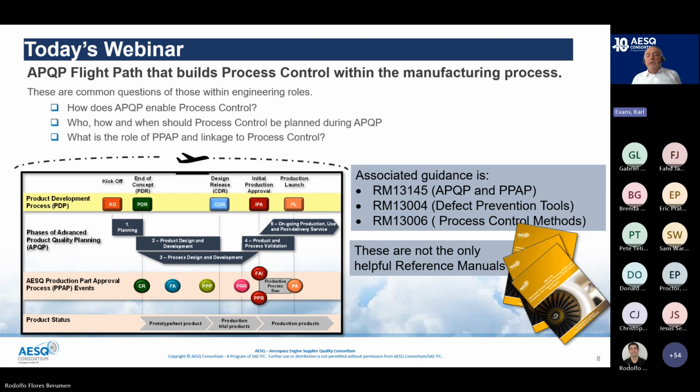We are going to point you at points through this webinar to certain reference manuals, the RMs. The three we're going to be referring to is 13145, the APQP PPAP one, 13004 defect prevention tools, and 13006 process control methods.